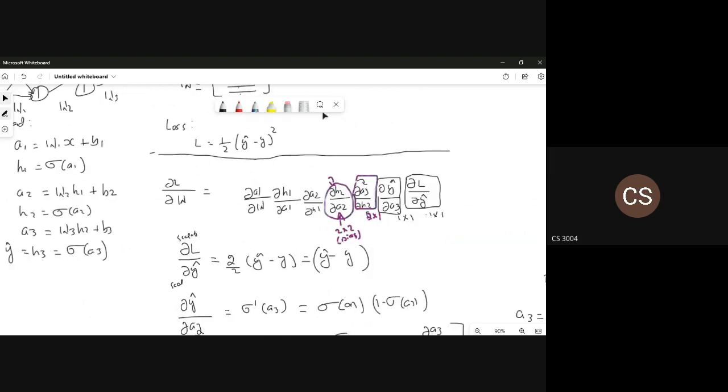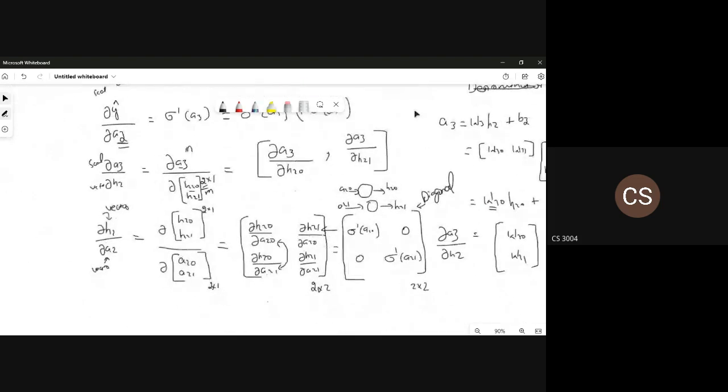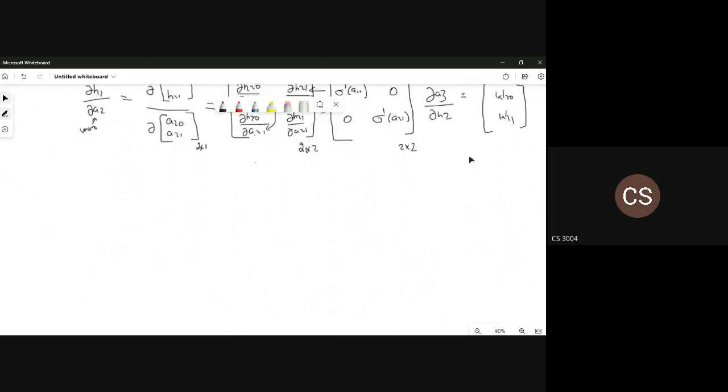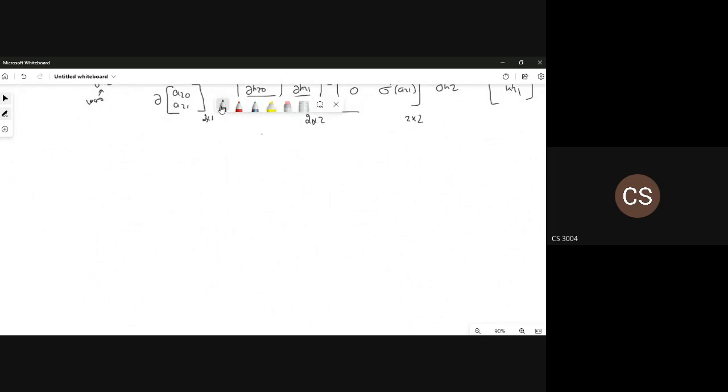If I make any mistakes, please point that out. Now I'm going to take dou A2 with respect to dou H1. Without computing, you can tell me the answer. What will be A2 by H1?